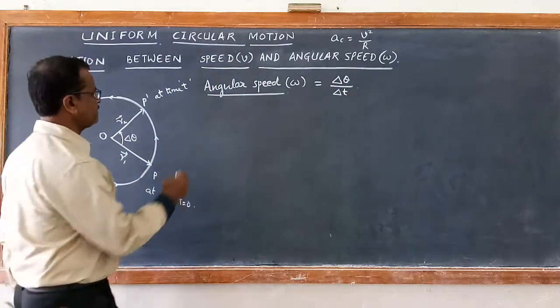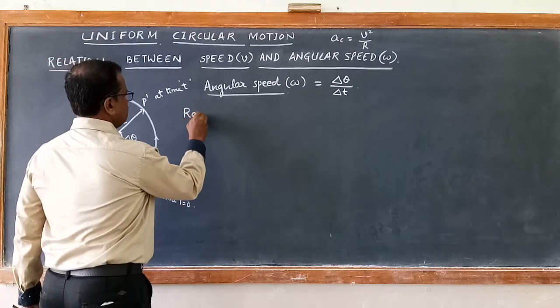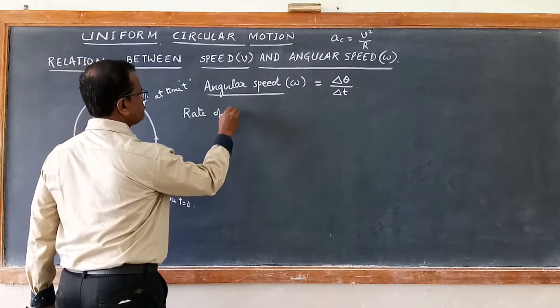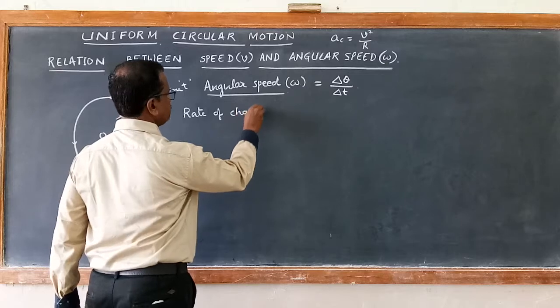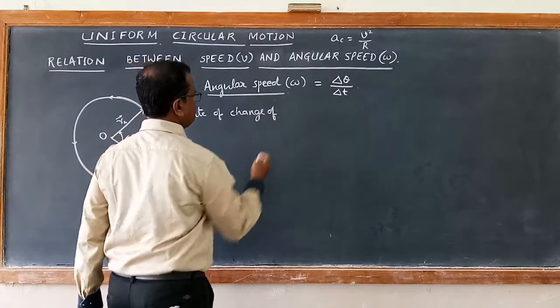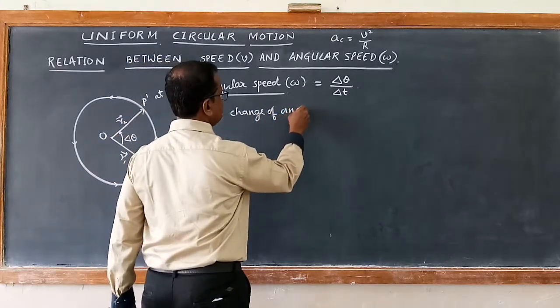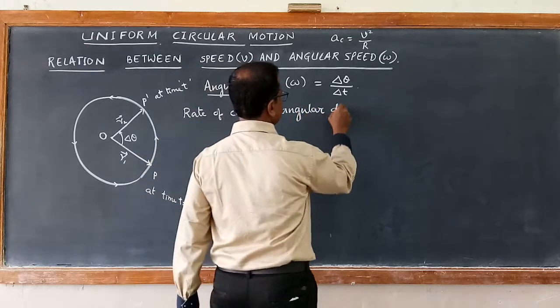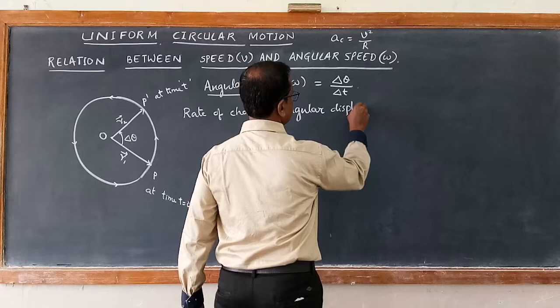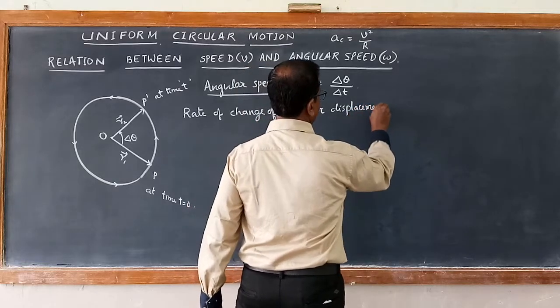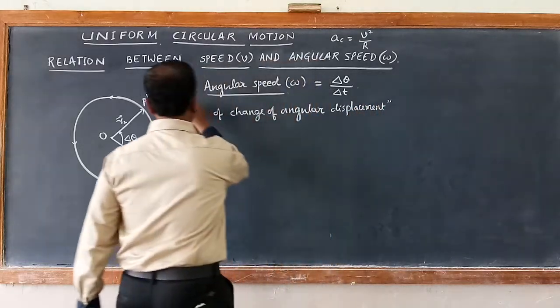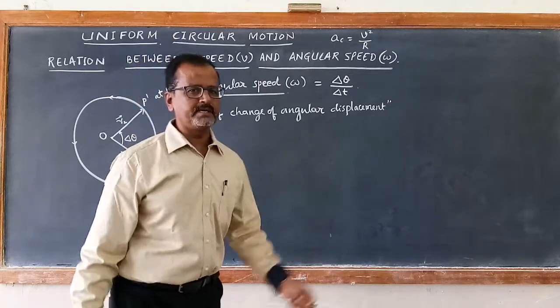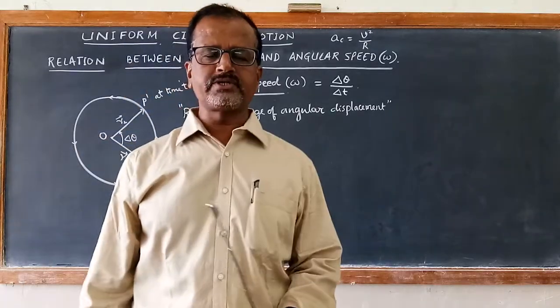So we can define it as the rate of change of angular displacement. Rate of change of angular displacement is also called angular velocity.